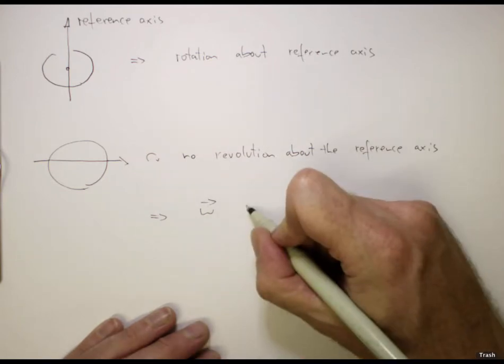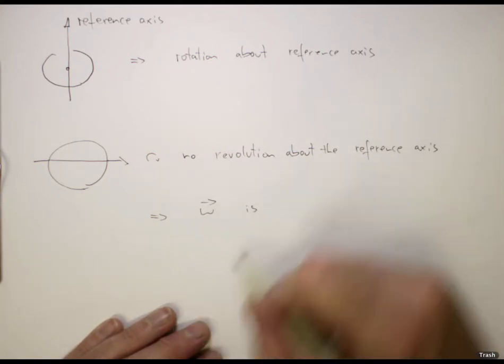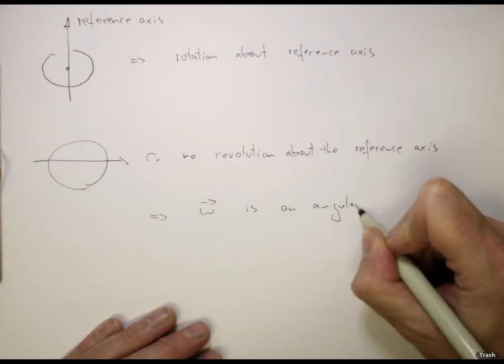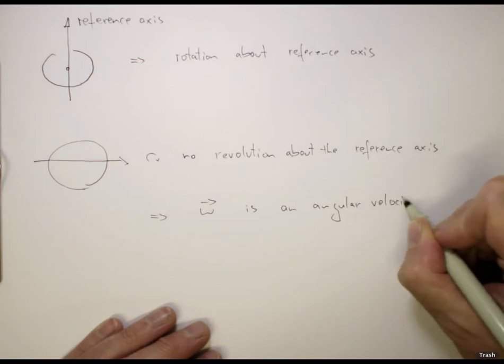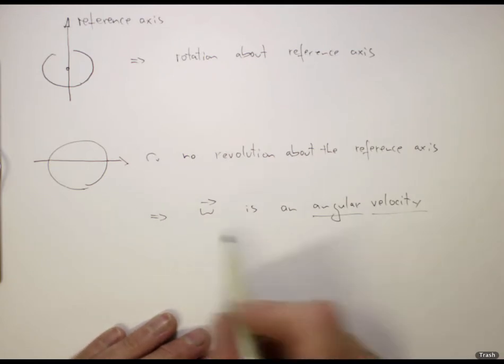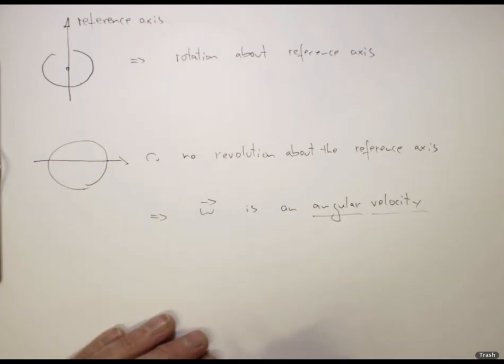So omega, the angular speed, is in fact an angular velocity, whereby velocity instead of speed indicates that it has directional quality, and angular is important because it distinguishes omega from f, the frequency, and tells us that omega as a frequency is measured in radians. So omega is an angular velocity and it is a vector.